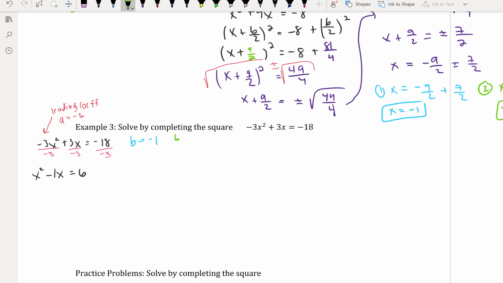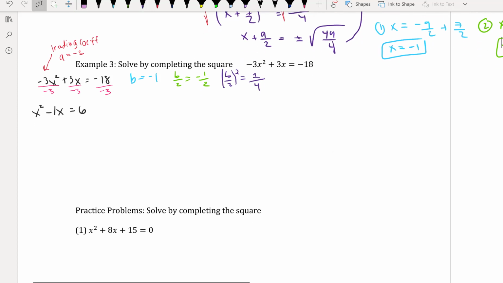I can tell you that when I divide it by 2, I'll get -1/2. So that means when I square it, I'll get +1/4. So now I have all my pieces together. So now I'm going to rewrite that formula. So x minus, you know what, I'll go ahead and put a plus. b divided by 2 squared is equal to 6 plus my b divided by 2 squared.